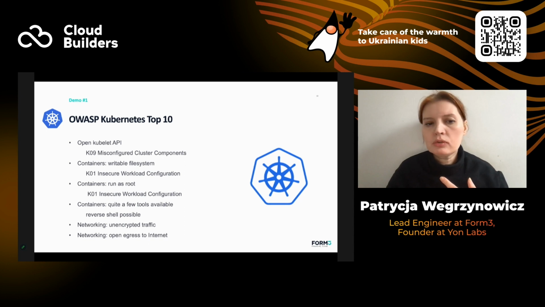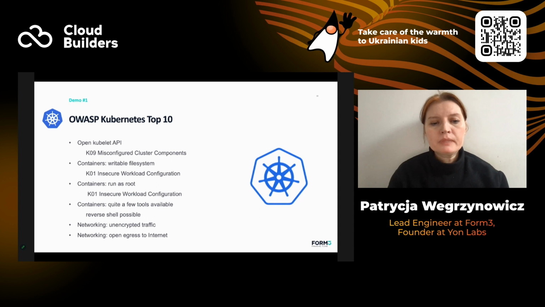So basically, containers have a writable file system. If you have a writable file system, even though you are not root, you can still download software and run it. So writable file systems are usually a big no. Another thing is running as root. Running as root, I could easily use apk and access any extra resources, for example mounts.